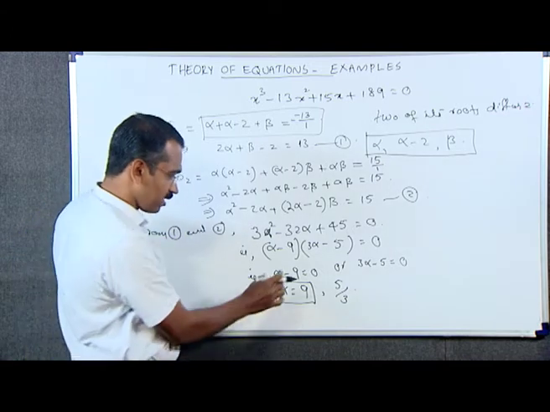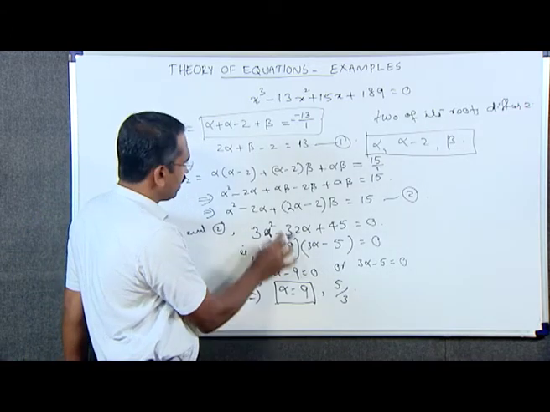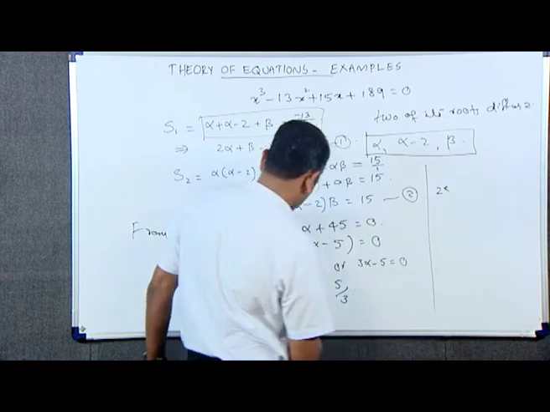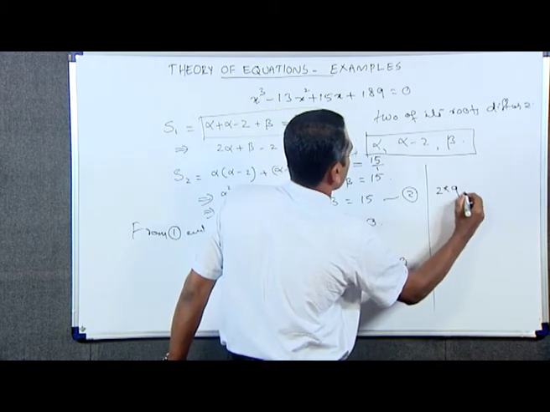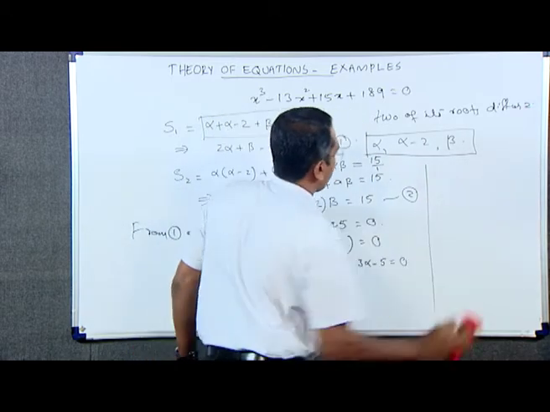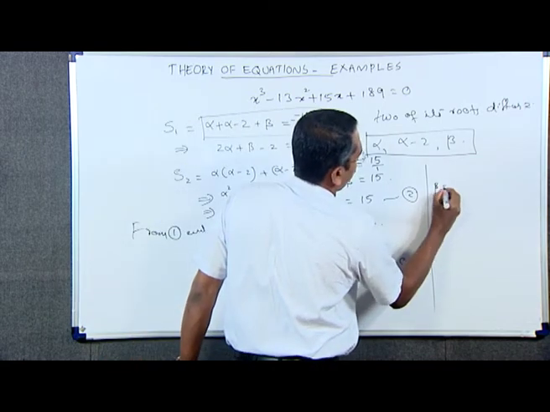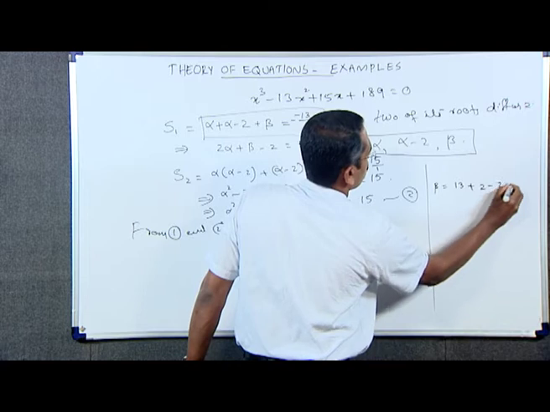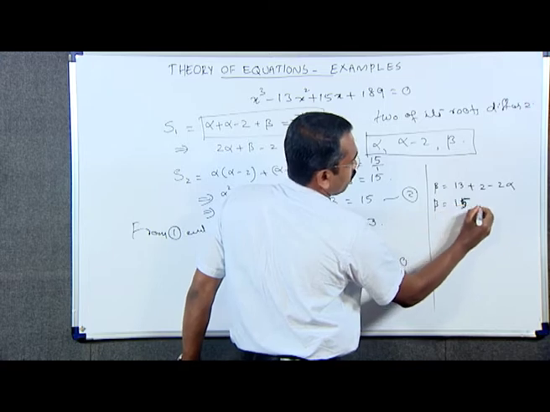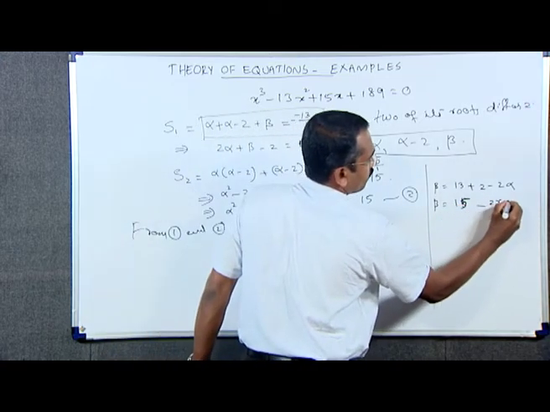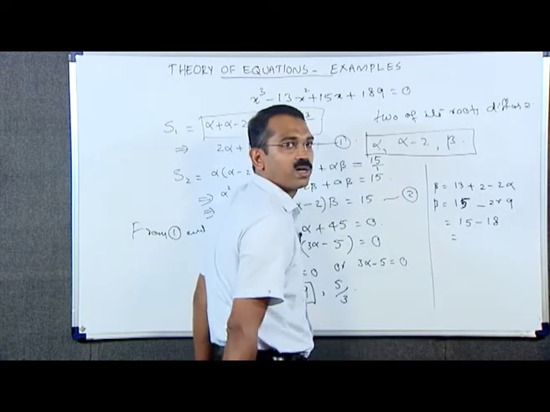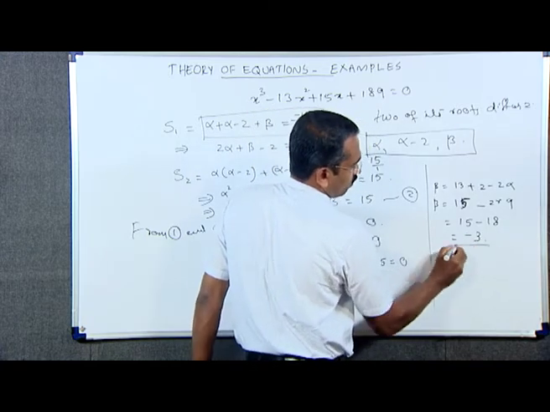Therefore, when alpha is equal to 9, from the first equation we get beta is equal to 13 plus 2 minus 2 alpha, that is 13 plus 2 means 15, minus 2 into alpha, which is 9. That is 15 minus 2 into 9, which is 18, that is minus 3. Beta is equal to minus 3.